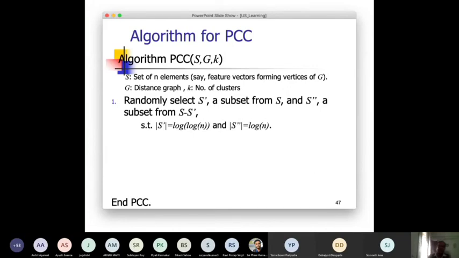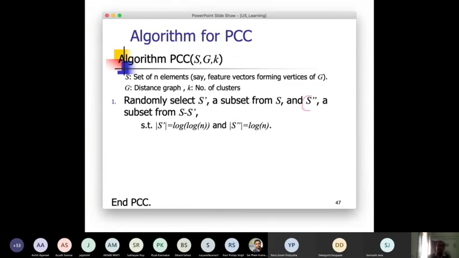So as I mentioned, it's a two-stage extension. Randomly select S prime, a subset of S. Again, S double prime is a subset from S minus S prime. Say S prime is of size log n.